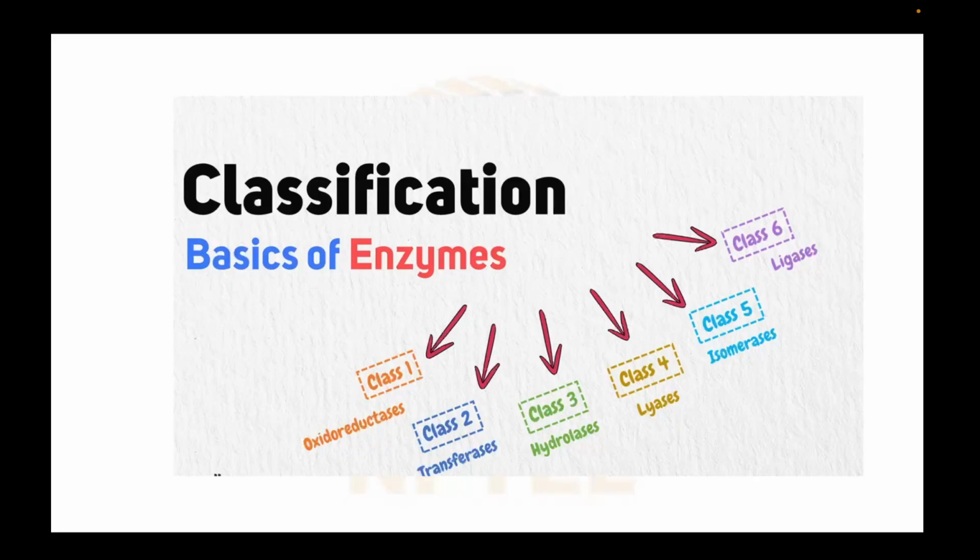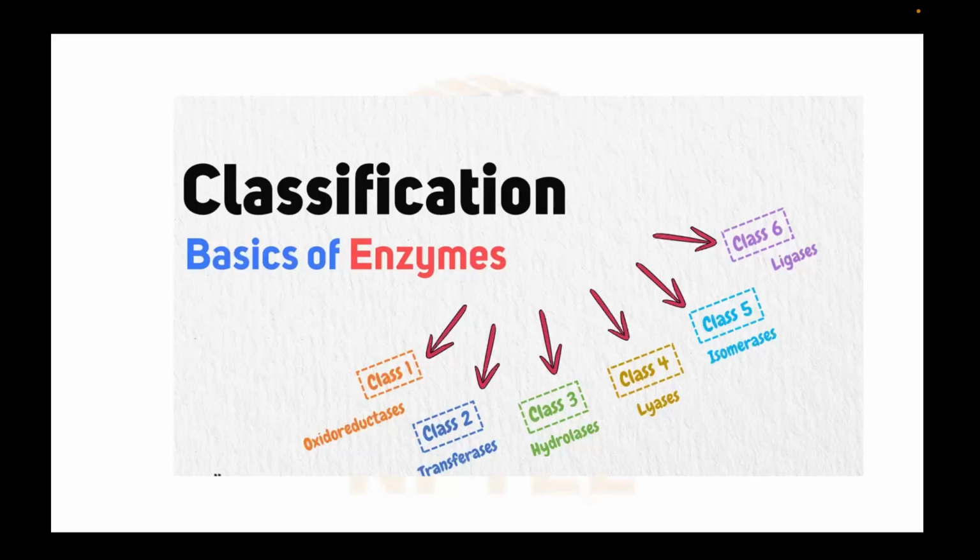Some examples of oxidoreductases are alcohol dehydrogenase and cytochrome C oxidase. Alcohol dehydrogenase converts ethanol to acetaldehyde, involved in alcohol metabolism, whereas cytochrome C oxidase plays a key role in cellular respiration, that is in the electron transport chain.